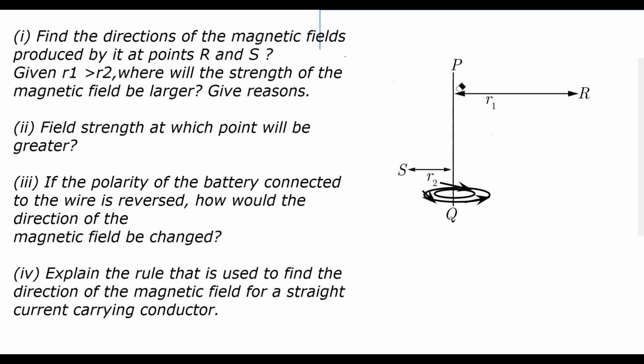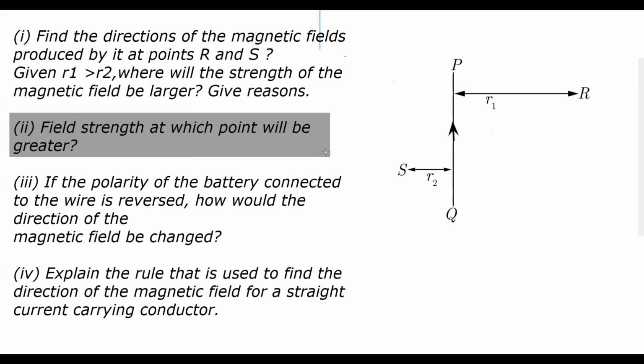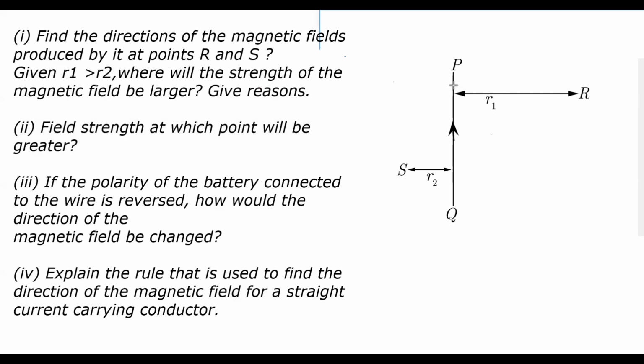Now, the second part is: the magnetic field at which point is greater? As you know, at points R and S, the magnetic field strength is inversely proportional to the distance. So the greater the distance, the lower the magnetic field produced. So greater strength will be at S and less will be at R.